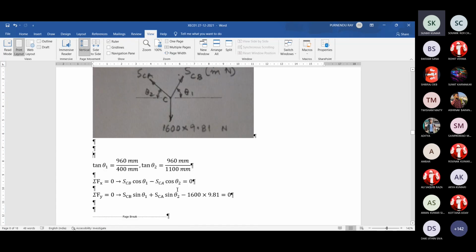Now when we replace that here in this equation, suppose we replace SCA in terms of SCB. So SCB is there, SCB is there. So we can find the ratio between this force and some angle, SCB divided by sine of some angle, and definitely you will find that 1600 multiplied by 9.81, that is equal to that divided by sine of this angle pi minus theta 1 plus theta 2.